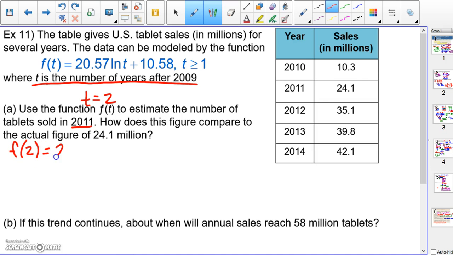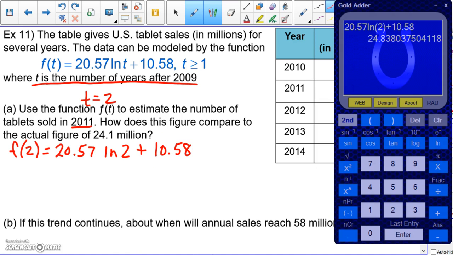F of 2 equals 20.57 times the natural log of 2 plus 10.58. I plug this in the calculator and I get somewhere around 24.8 million.